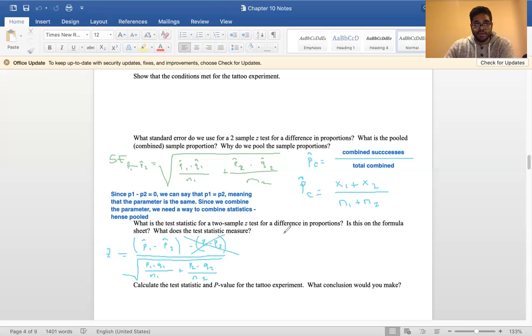If we combine everything, I'm left with P hat 1 minus P hat 2, minus 0, but I'm not going to worry about that, divided by the combined ones, P hat C times Q hat C over N1 plus P hat C times Q hat C over N2, and those are all square rooted.